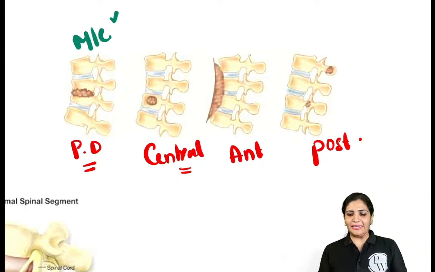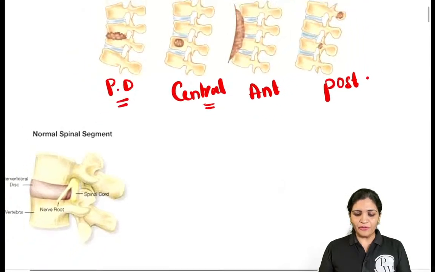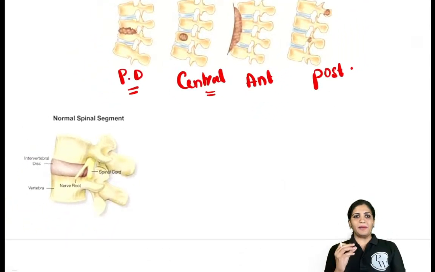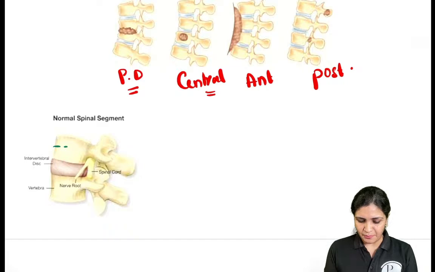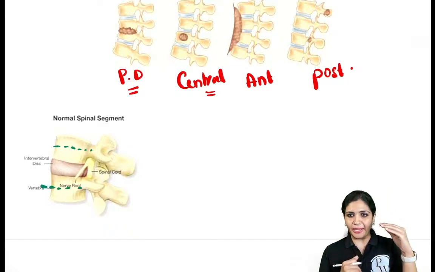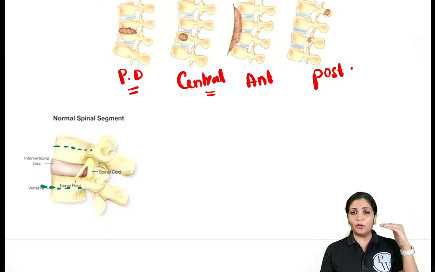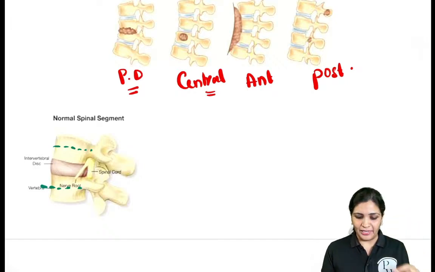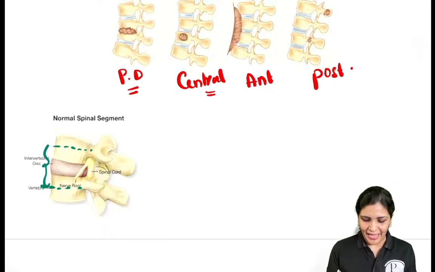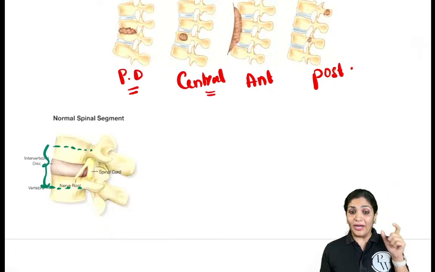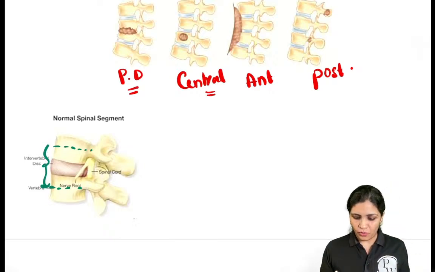Now let us quickly understand why this is the most common. If you go back to your basics, the normal spinal segment includes the upper half of a vertebra, the lower half of the adjacent vertebra, along with the intervertebral disc. This is called one spinal segment. Why is it so? This is because of the blood supply.